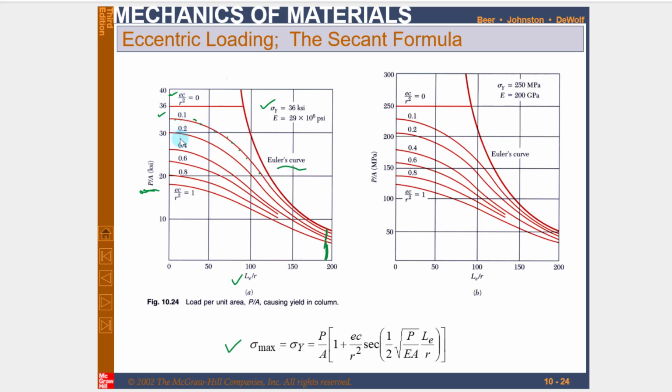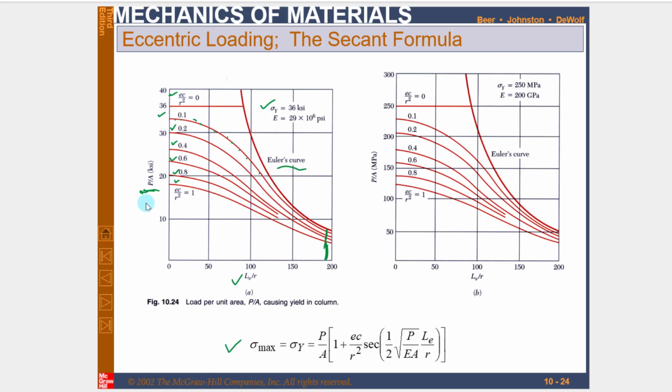So same is the case with different EC over R square value. You can see that the graph will be like this. So it means that this secant formula is effective for the medium or intermediate length of the column.